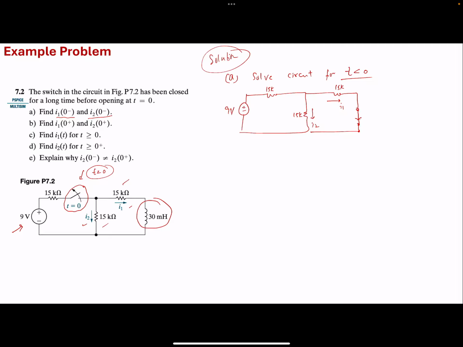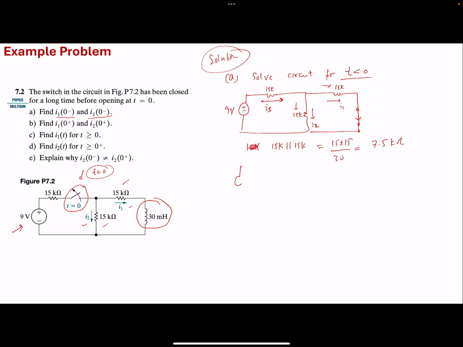Okay, so let's find the values of the currents. I am interested in finding the values of I1 and I2. So let's see how much current IS is flowing over here. So let's first find the value of IS. In order to find IS, I know that both of these resistors, 15K here and 15K here, are in parallel. 15K in parallel with 15K, they are exactly the same, so 15 times 15 over 30 is going to come out to be 7.5 kilo ohms.